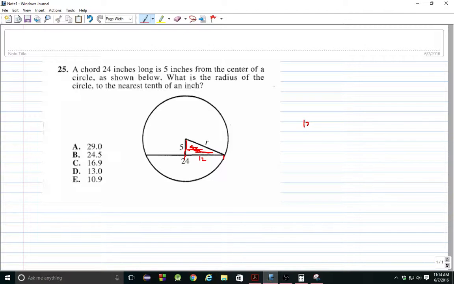12 squared plus 5 squared equals r squared. And in order to find r, we do square root r equals square root of 12 squared plus 5 squared.